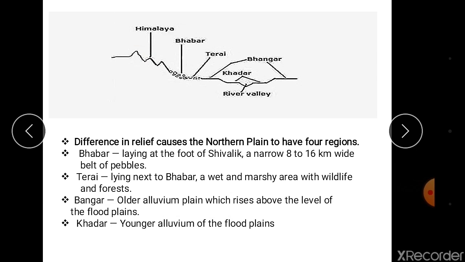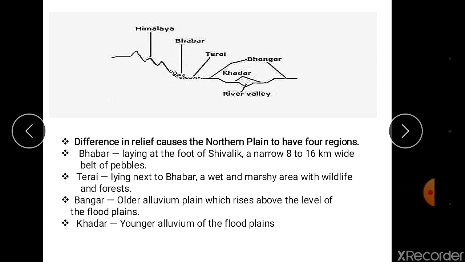When the rivers enter the Bhabar region, they disappear in the Bhabar and re-emerge in the Tarai. So Tarai becomes wetland, or swampy land.